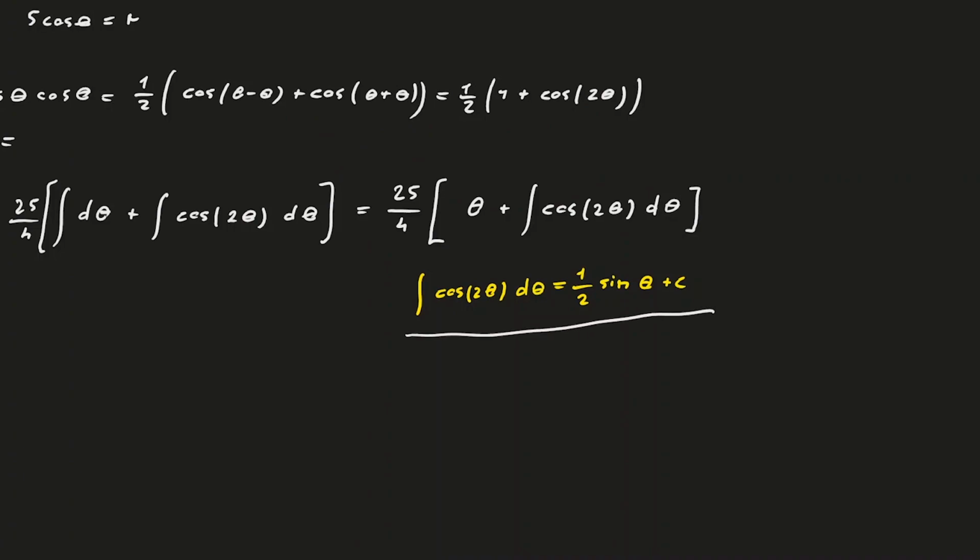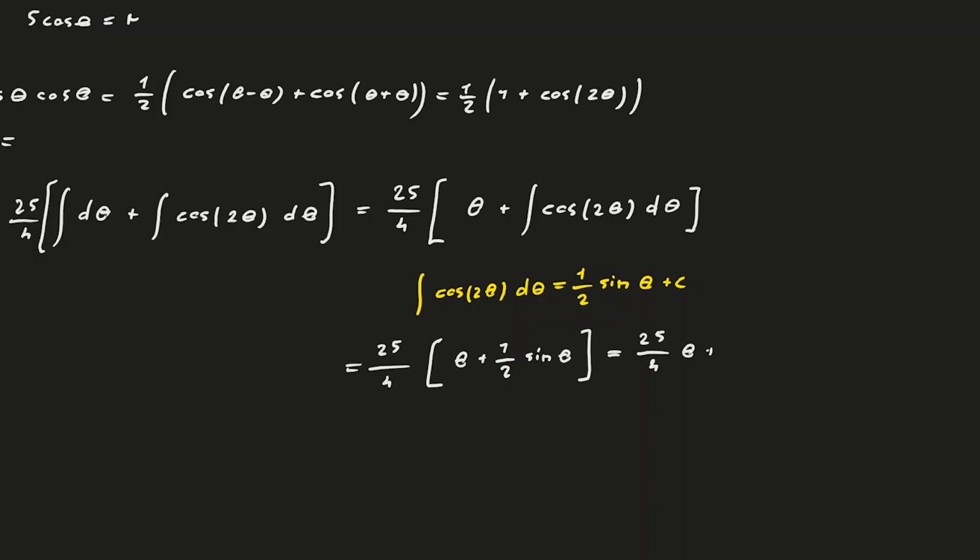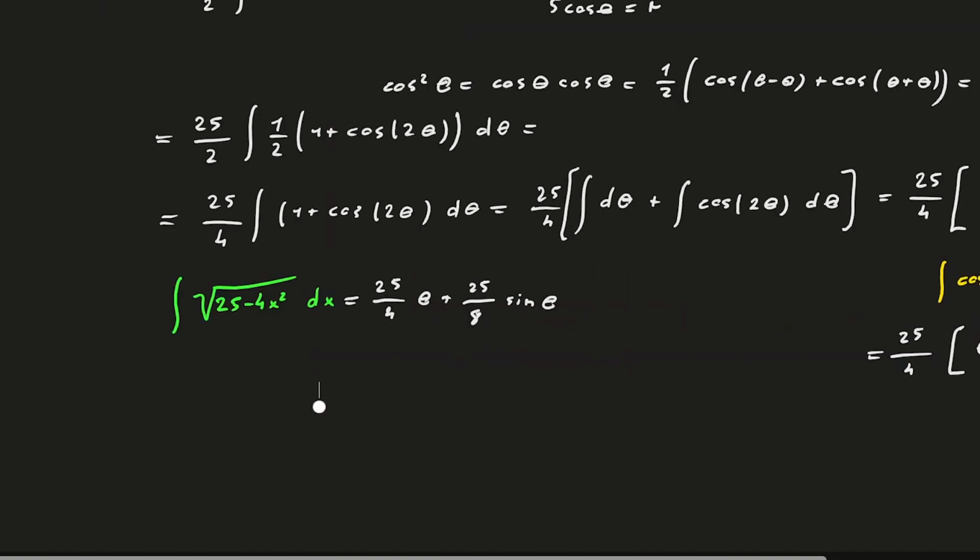Okay guys, since we know that this integral is 1/2 times sine of 2 theta and we don't need the constant of integration c, this is 25 divided by 4 times theta plus 1/2 times sine of 2 theta, and this equals 25 over 4 times theta plus 25 over 8 times sine of 2 theta.